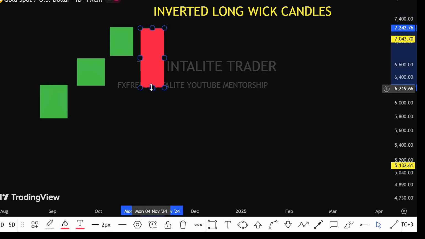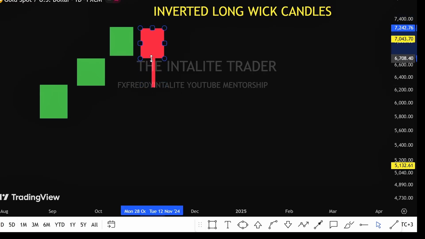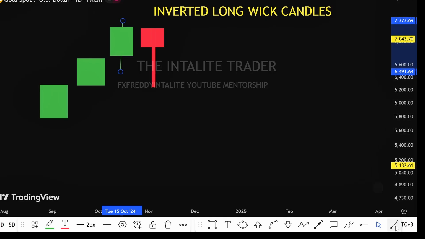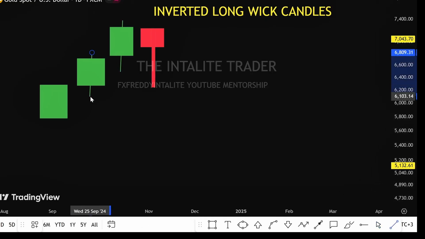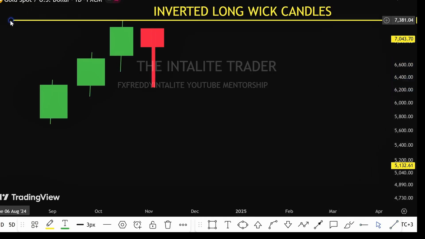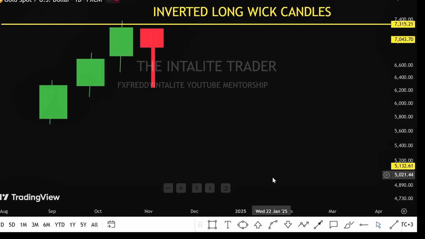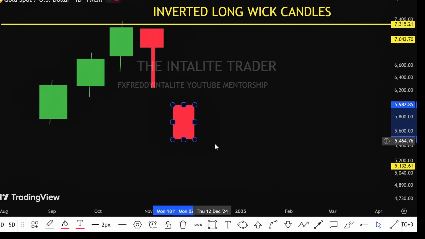So after that, buyers will again step in and you have a candle closing with such an appearance. These ones can be weak candles. A good candle should always have this. This happens when price approaches a supply zone or a demand zone or a resistance level, and you are in a downtrend.